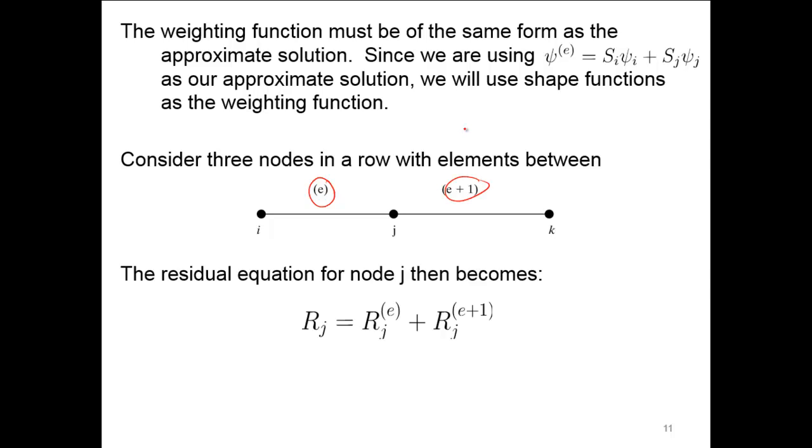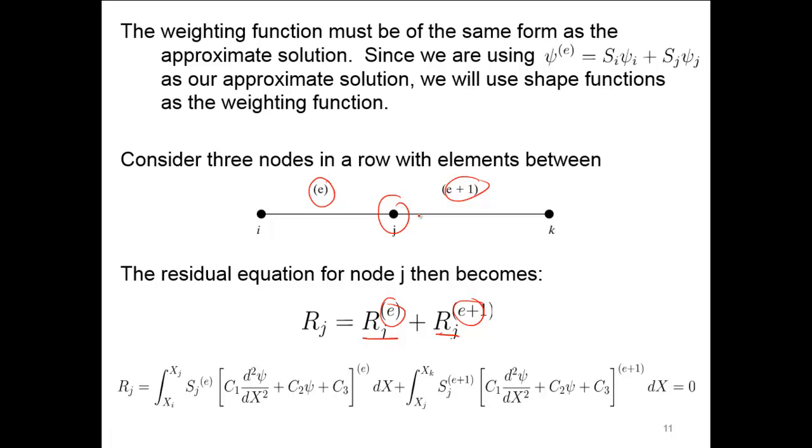So the residual equation for node j becomes the residual for node j from element e plus the residual we get from element e plus 1. They both contribute to what we see at node j.